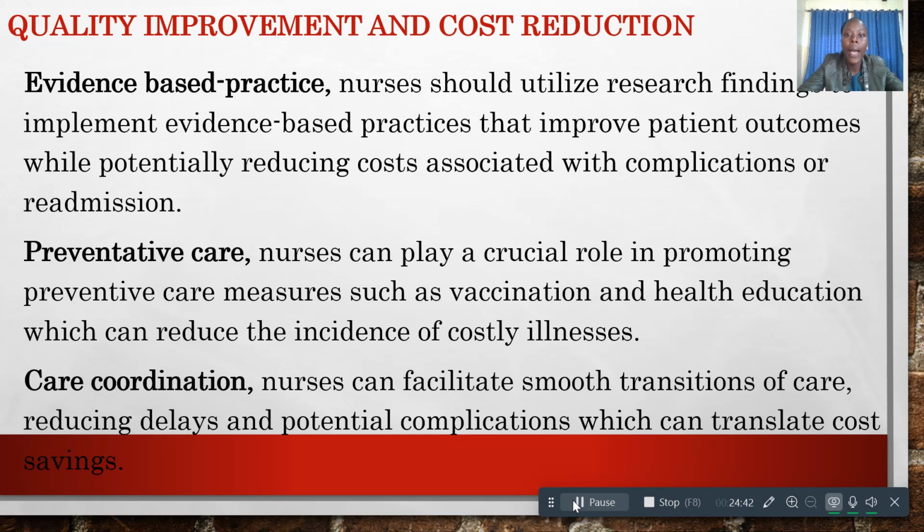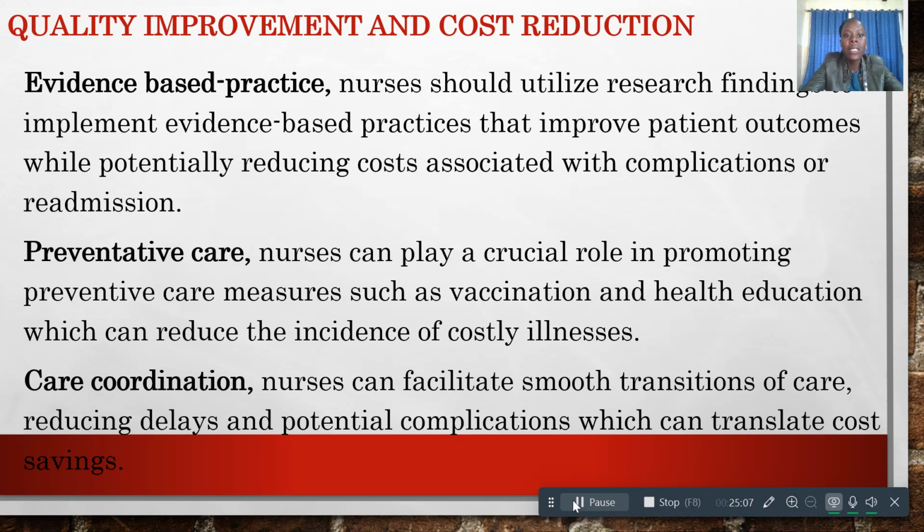So we as nurses, we have to utilize those research findings and implement the practices. So here the practice will be immunization. So we are responsible to implement the immunization practice in regards to malaria prevention, such that we improve the patient's outcomes. And indeed it will improve.